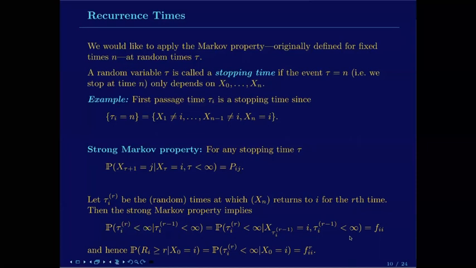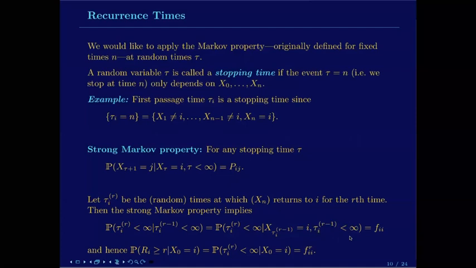Now we can rewrite that as the probability that tau_I^r is finite, given that X at tau_I^(r-1) equals I. Because we know that at the stopping time our Markov chain takes the value I, we can plug that in here. This is already contained in the information that tau_I^(r-1) is finite.